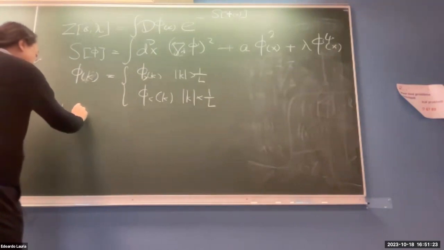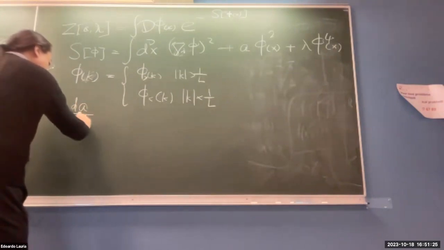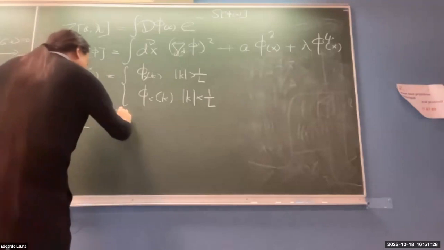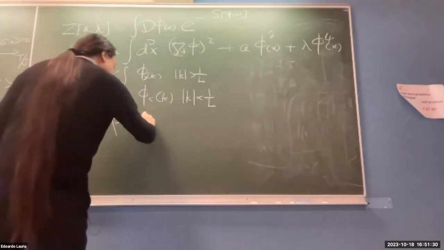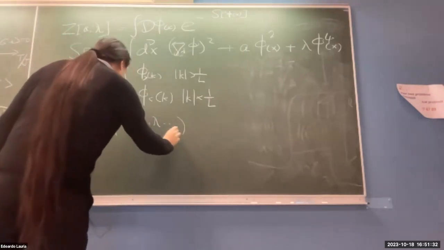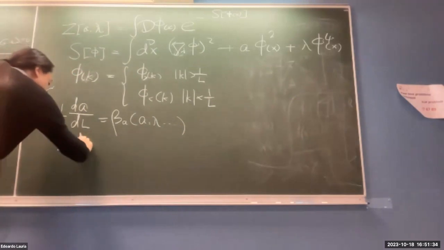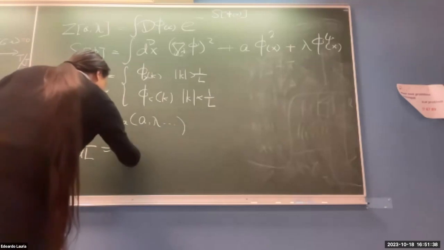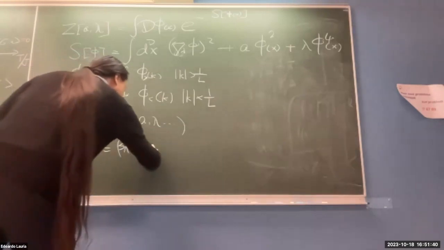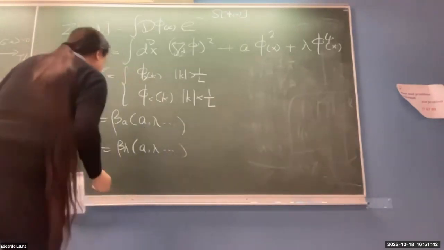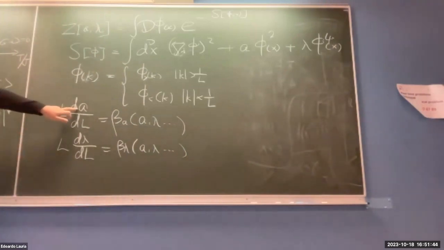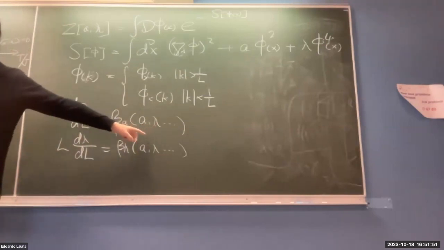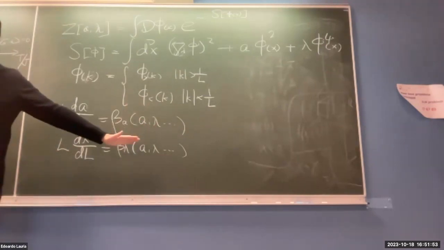So basically, beta A, my function depends on my cutoff. So it's like a flow equation, and the right-hand side is usually some polynomial.